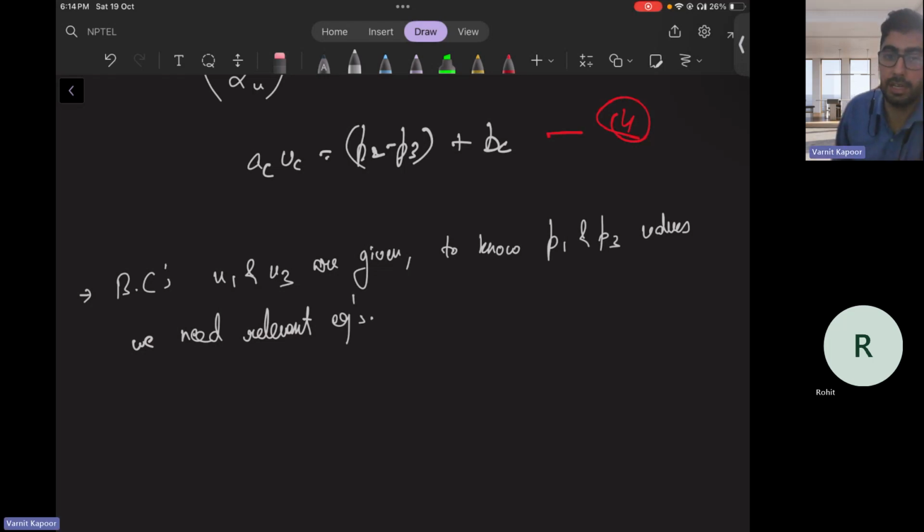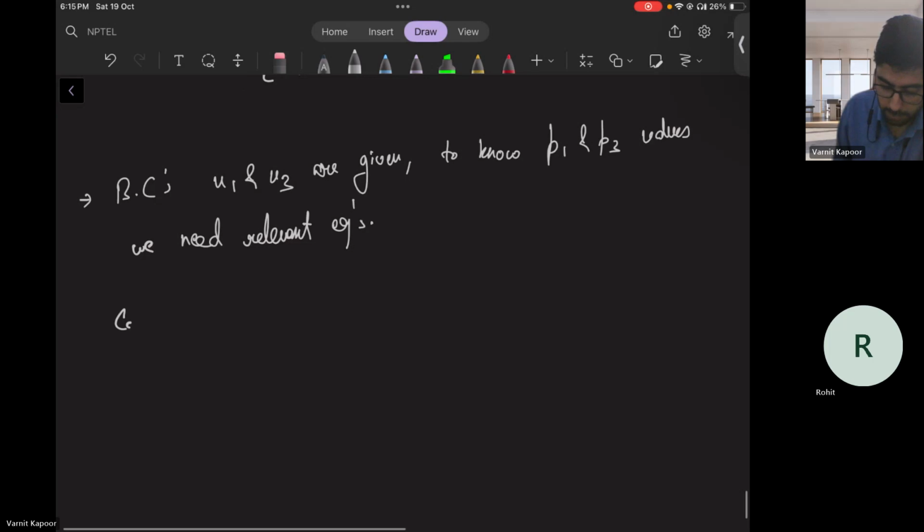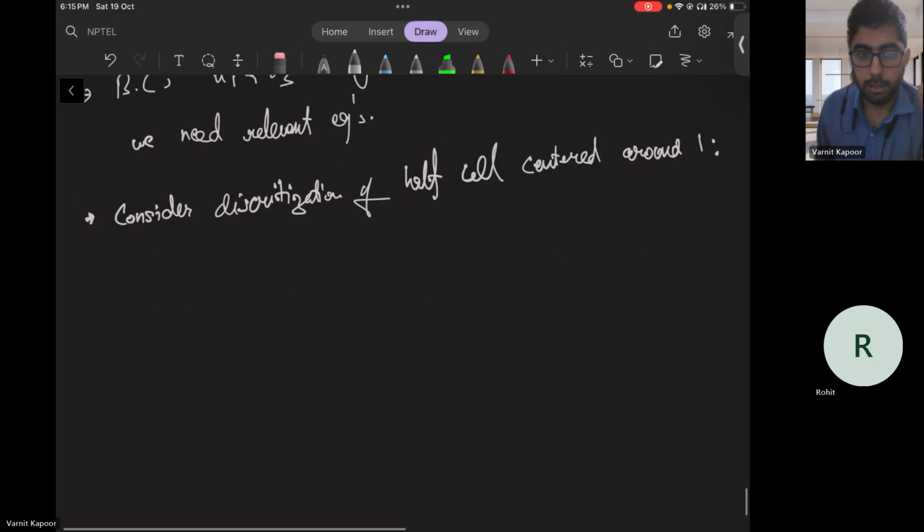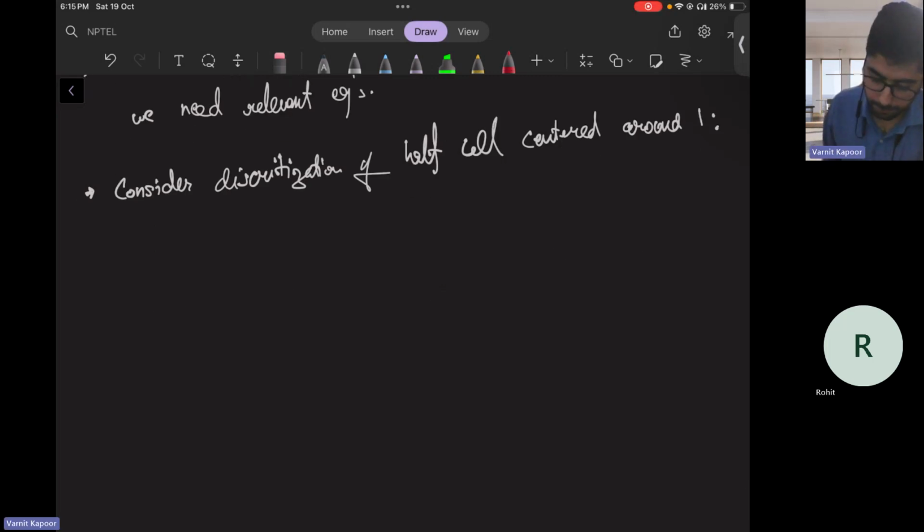So we consider the discretization of a half cell centered around 1.